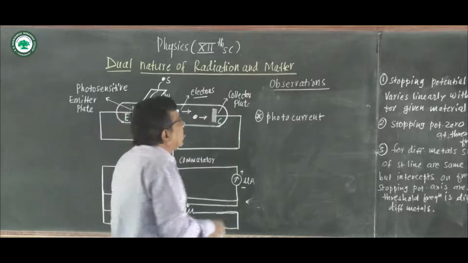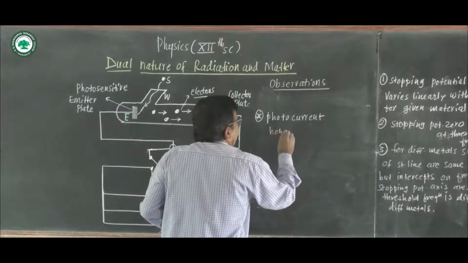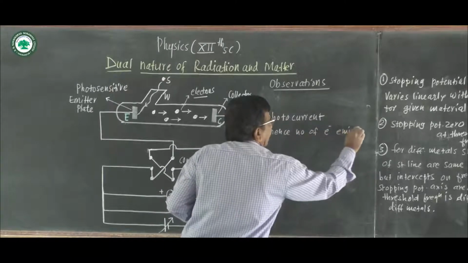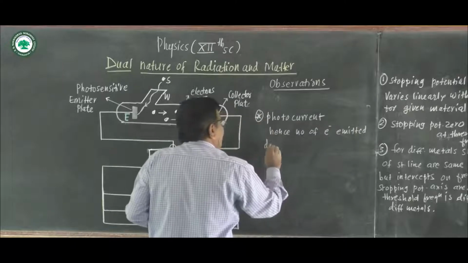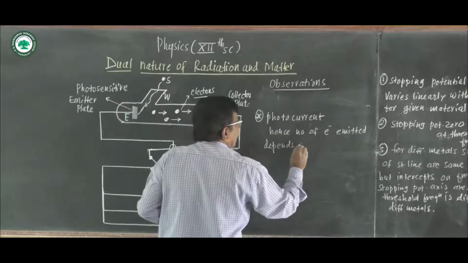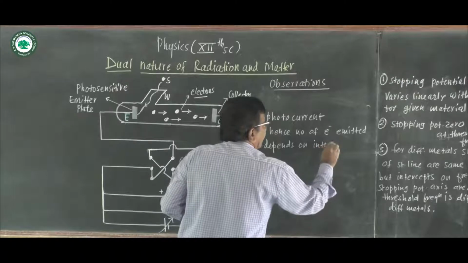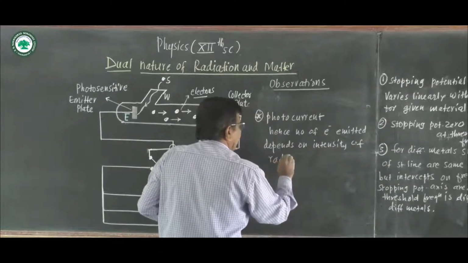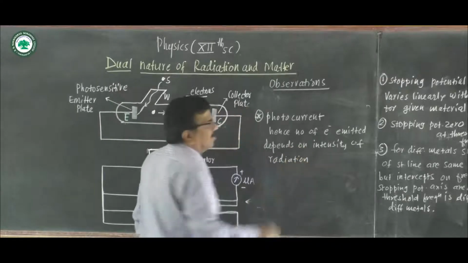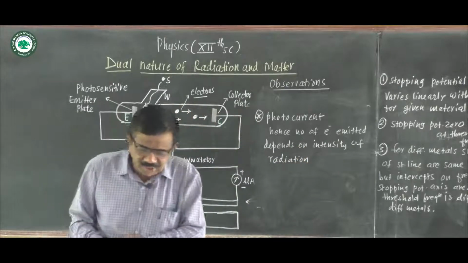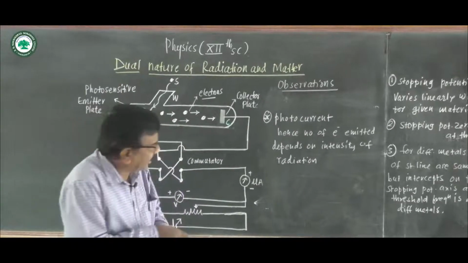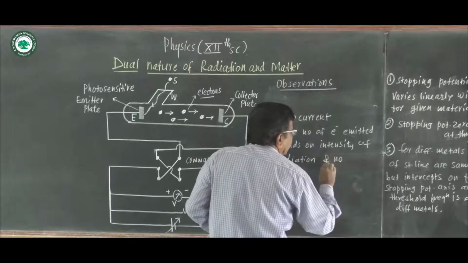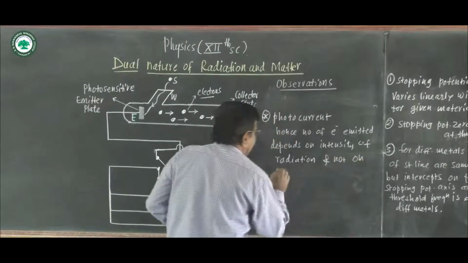Hence, the number of electrons emitted depends only on the intensity of radiation. Photocurrent or number of electrons depends only on intensity of radiation and not on frequency of radiation.